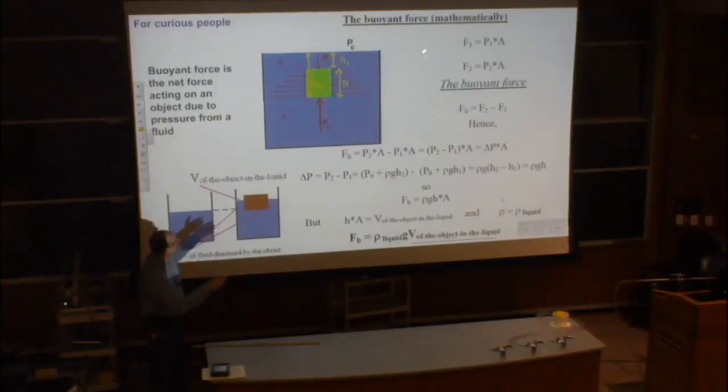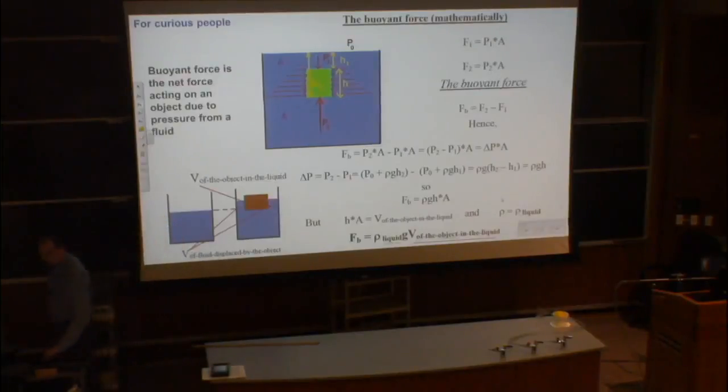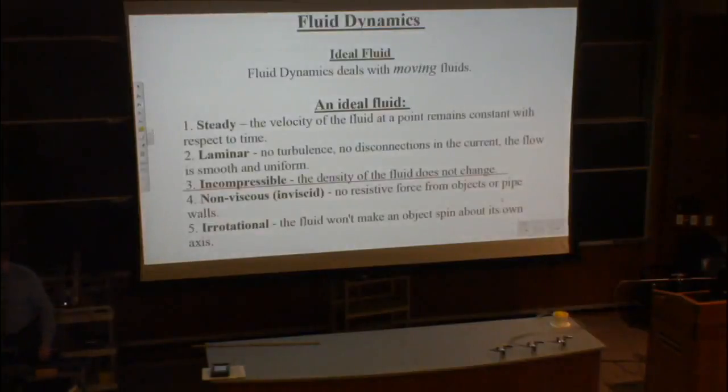Yeah, the pressure from right to left and left to right cancel each other out at the same levels. But here we have lower pressure, higher pressure, so there's net force. That net force is the buoyant force. We can calculate it. Now we're moving on to situation when something flows.